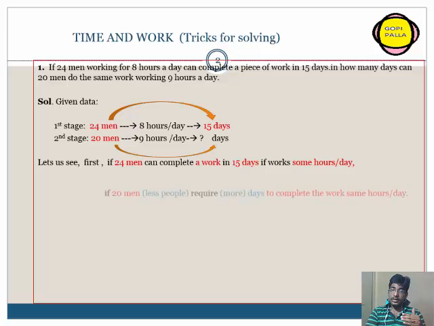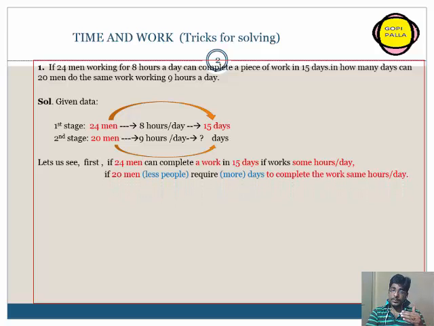So because fewer people require more time, the first part of the ratio is more people over fewer people, 24 divided by 20.